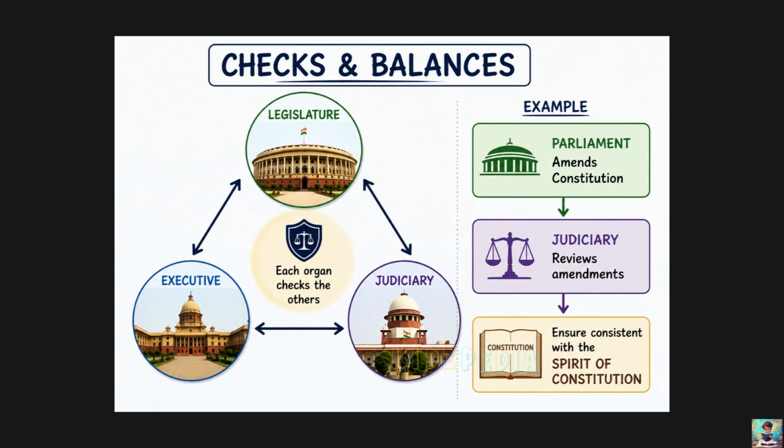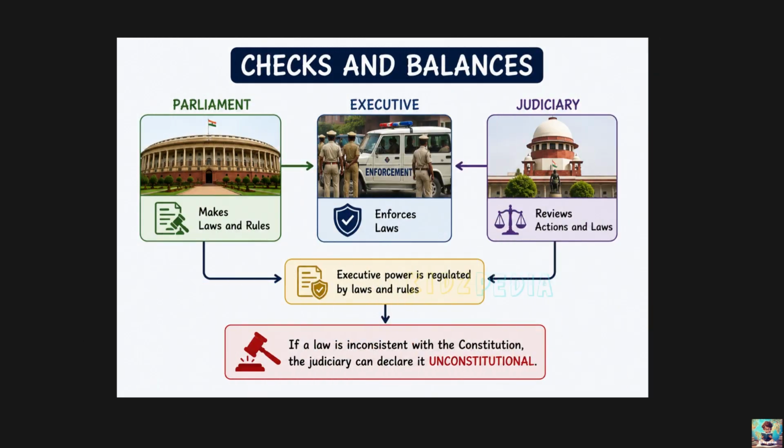So, each organ keeps a check on the others. The system is called checks and balances. And if a law goes against the Constitution, the judiciary can declare it unconstitutional.